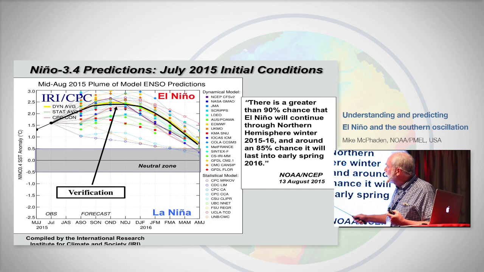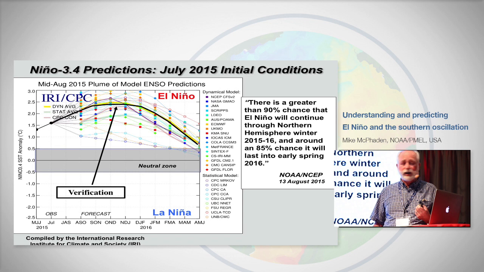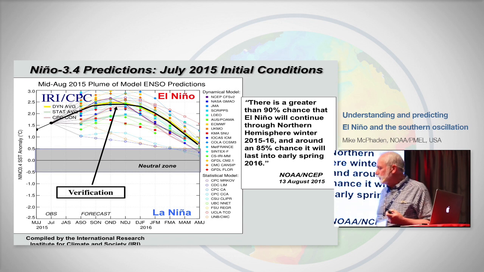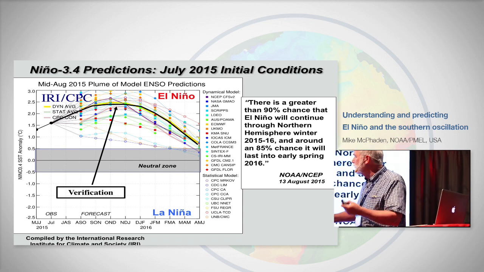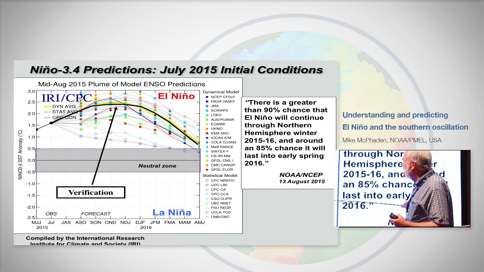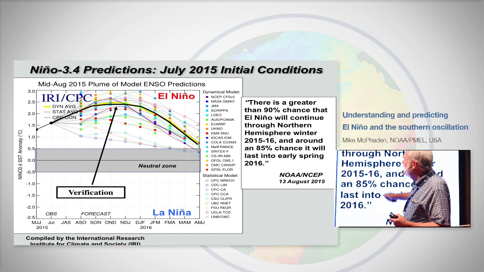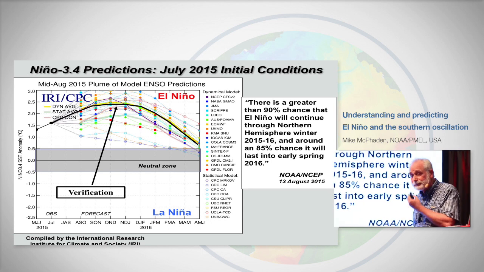The squares and the diamonds are dynamical forecast models, and the open circles are statistical forecast models. So this is a combination of the two. Neutral zone is shown here, plus minus a half degree. Above that is a forecast for El Nino. Below that is a forecast for La Nina.